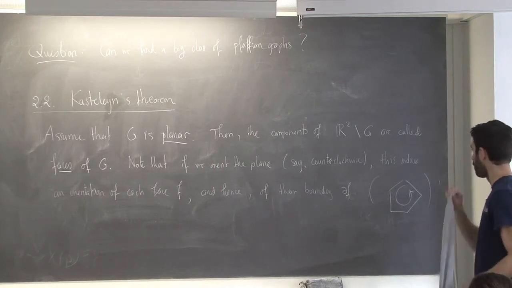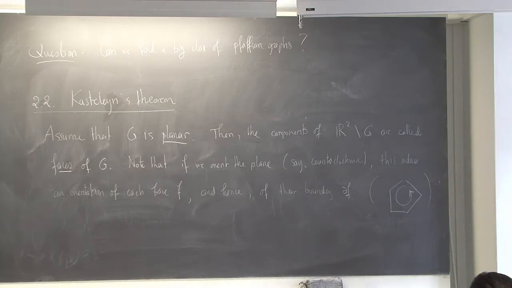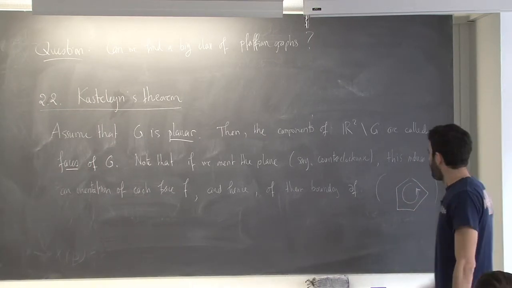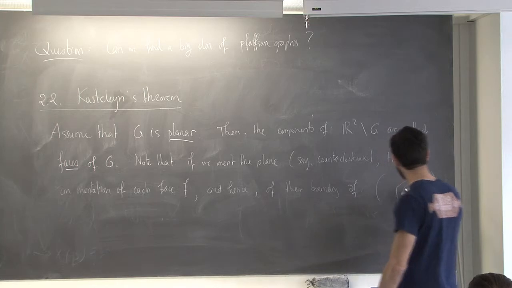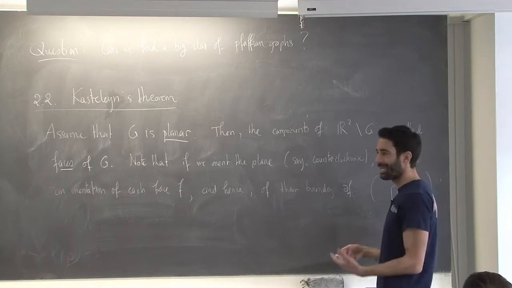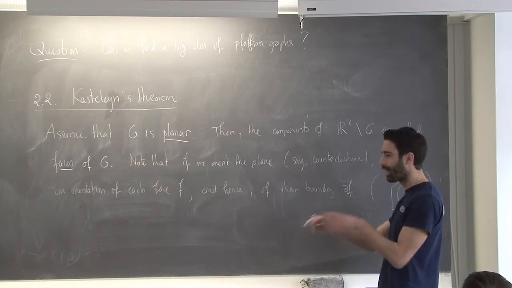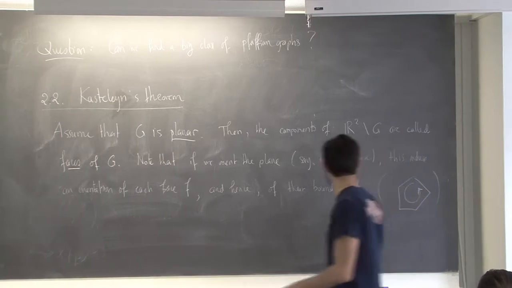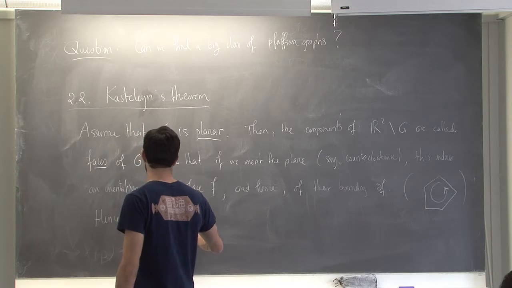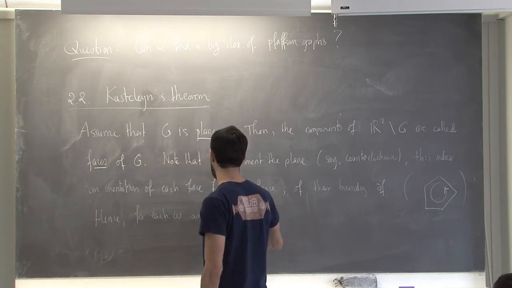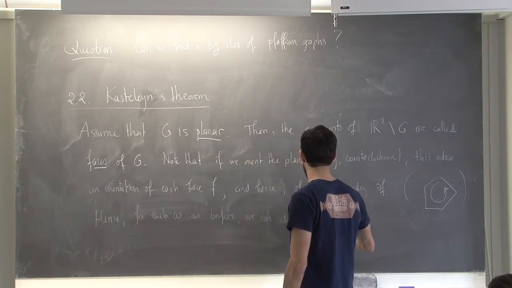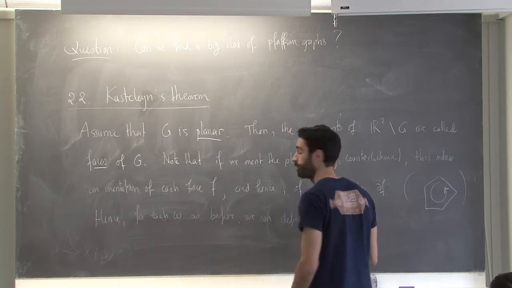You could do the whole trick with doing everything clockwise. It's completely fine, but you just need to fix one orientation of the plane once and for all. So it means that if you have a fixed orientation of the boundary of each face, when you have an orientation omega, it makes sense to count the number of edges where you're oriented against it. Hence, for each omega as before, we can define n omega of the boundary of F.